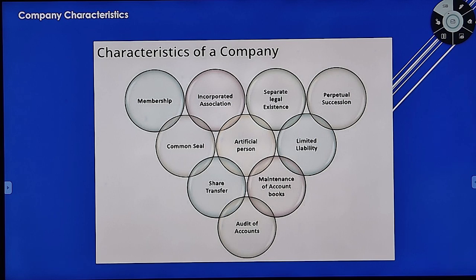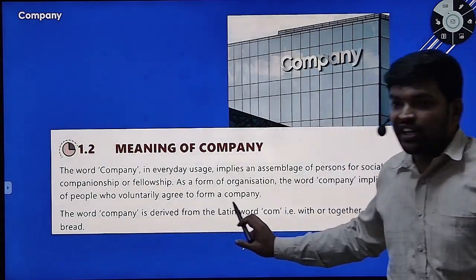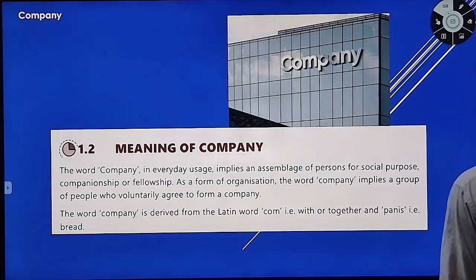First of all, a company is described as a voluntary association of persons. Understanding voluntary. It has to be voluntary. Who have come together for carrying on some business. Intention should be to earn profit and sharing the profits with capital divided into numerous transferable shares.